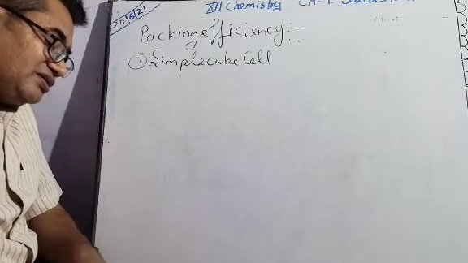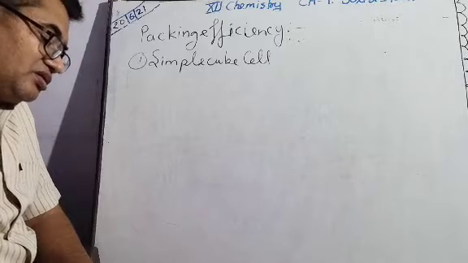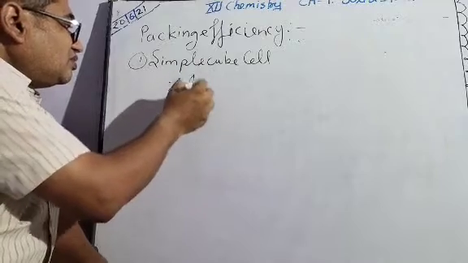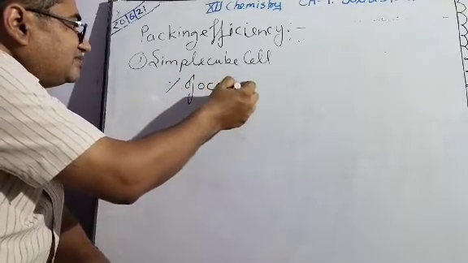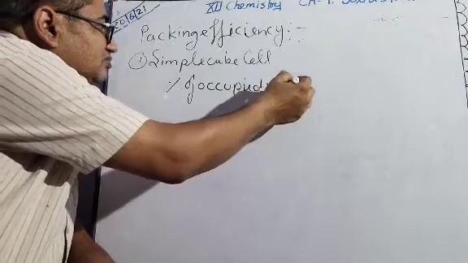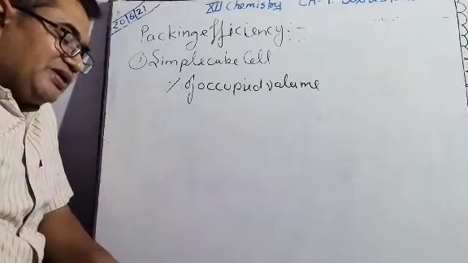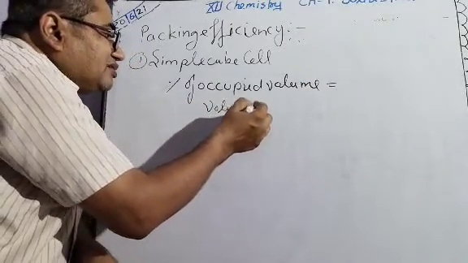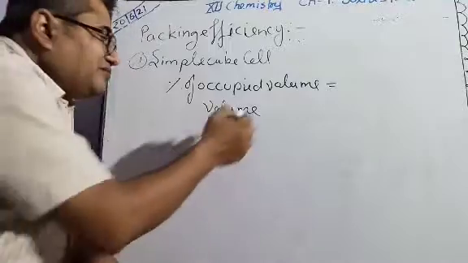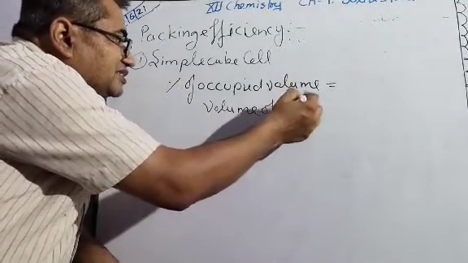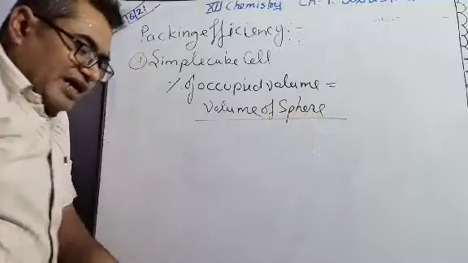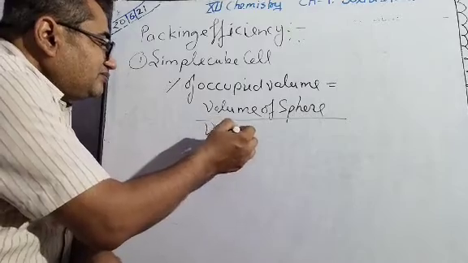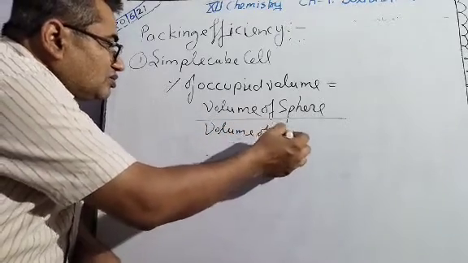That important formula is percentage of occupied volume of simple unit cell equals volume of sphere divided by volume of cube.